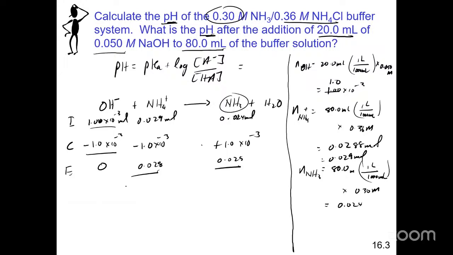Now, how do we calculate that? Well, remember, you're mixing 20 mL of the solution of sodium hydroxide with 80 mL of the buffer solution, which means that the final volume is going to be 100 mL, right? So let me just write here that total volume is equal to 20.0 mL plus 80.0 mL, and that will be equal to 100.0 mL, which we have to convert to liters because we'll be calculating the molarity.